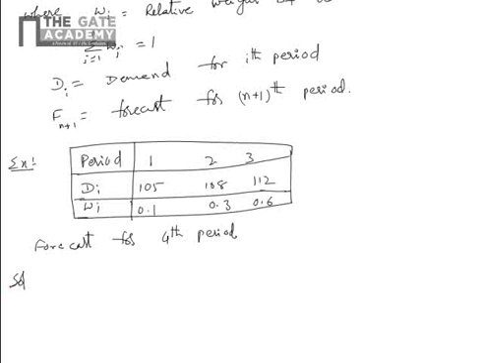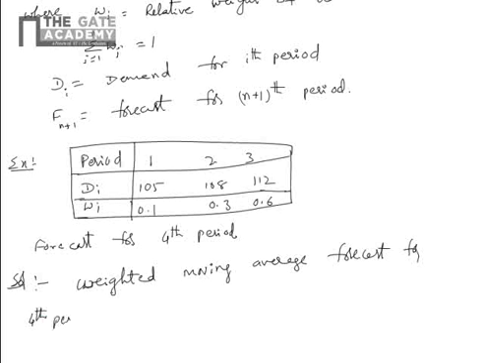The weighted moving average forecast for the fourth period, F4, equals, as per our formula, W1 D1 plus W2 D2 plus W3 D3.